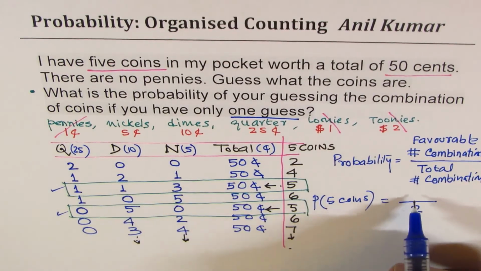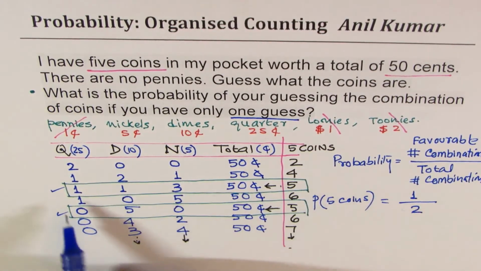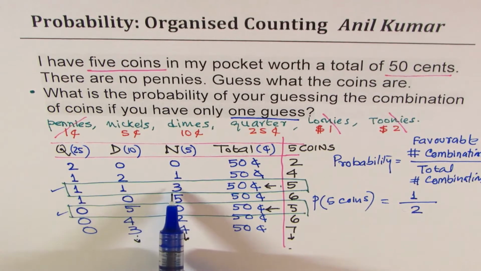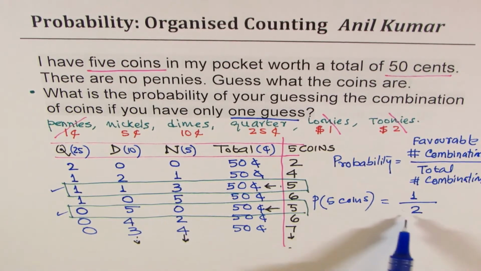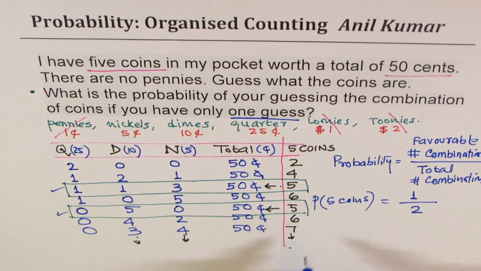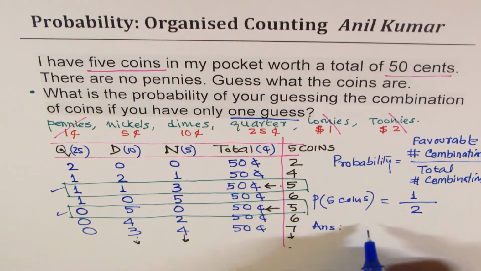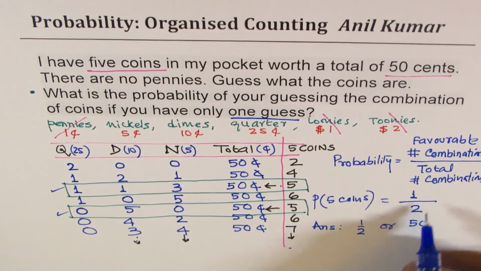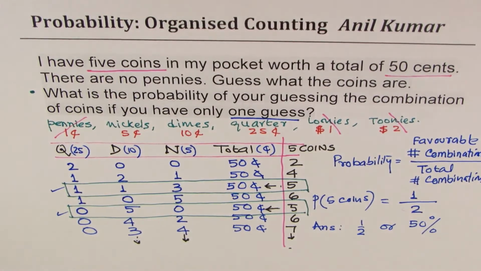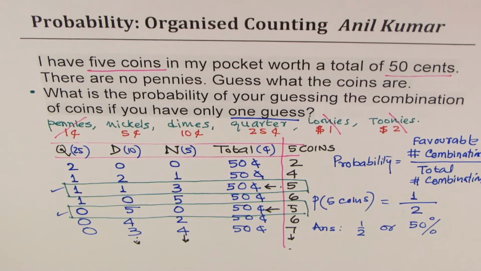So one guess means I could get either the mixed combination or 5 dimes. So that is 50%. So my probability in this case is half, or 50%. Is it okay? So that is how you could answer such questions. They are actually very tricky and difficult, but you need time to organize your data, understand, and then answer.